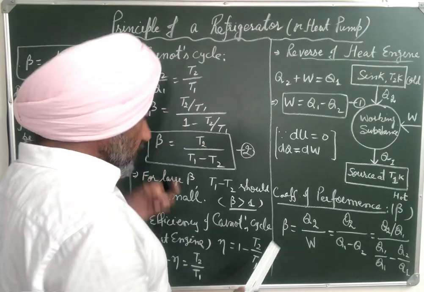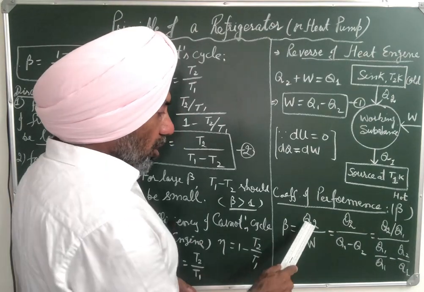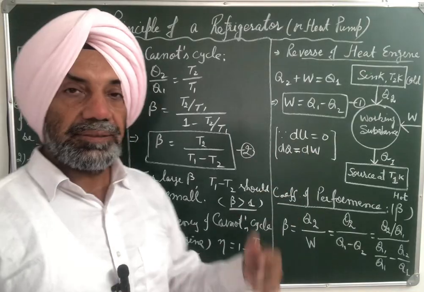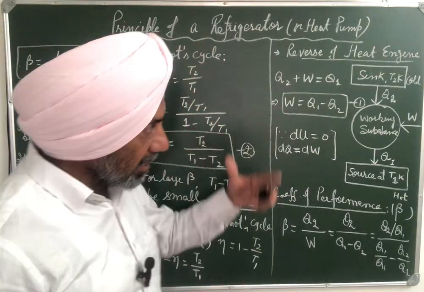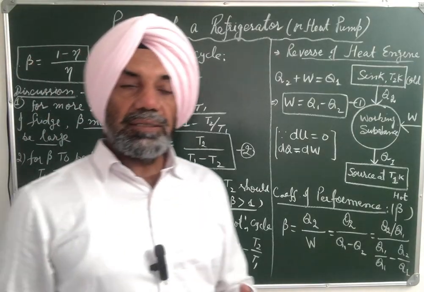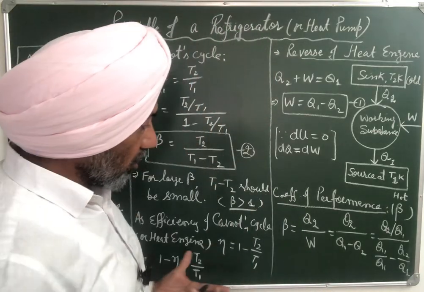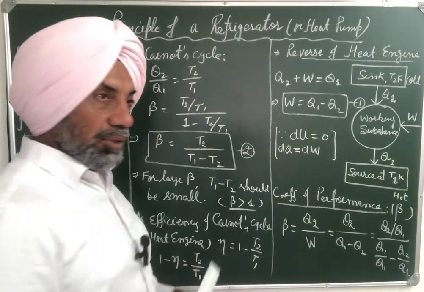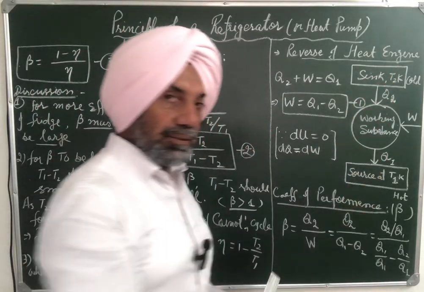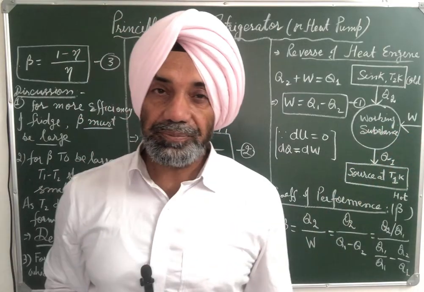Then beta is defined as the ratio of the amount of heat removed from the fridge sink, that is from inside the fridge, divided by the amount of work done in order to do so by the compressor or the electric motor. So beta is equal to Q2 upon W.